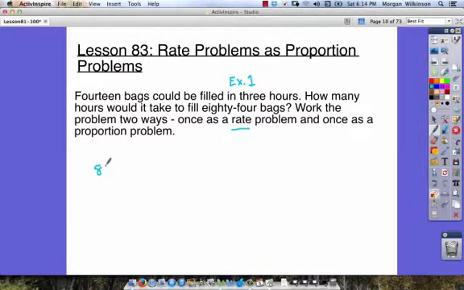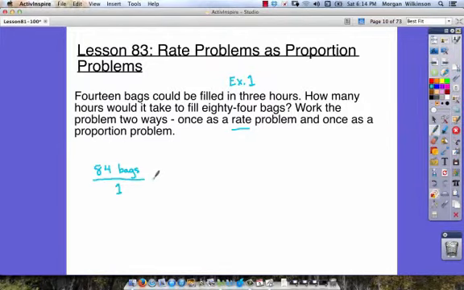So we're going to get 84 bags. And when we work this as a rate problem, well, rates are just fractions, so we're going to get 84 bags over 1, because there's no denominator given. And it says 14 bags could be filled in 3 hours.